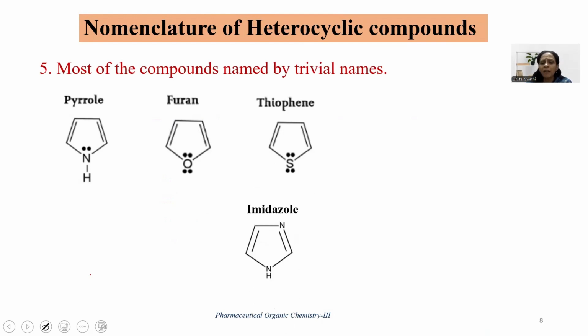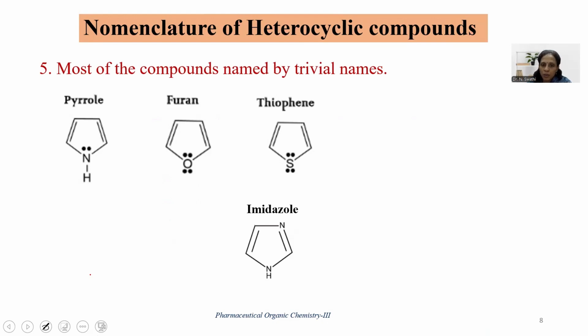And coming to the heterocyclic compounds having 2 similar heteroatoms. If you see the nitrogen containing ring system, this is again a 5-membered unsaturated ring having nitrogens at 1-3 positions. As per IUPAC system, we will name it as diazole, that is 1,3 diazole.